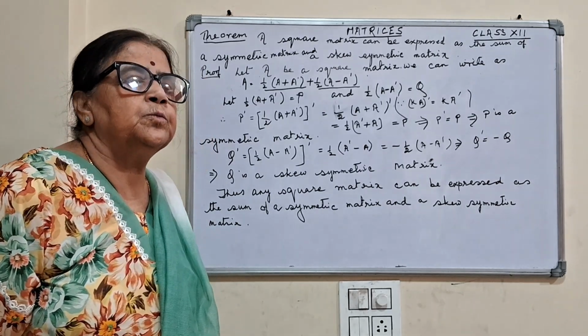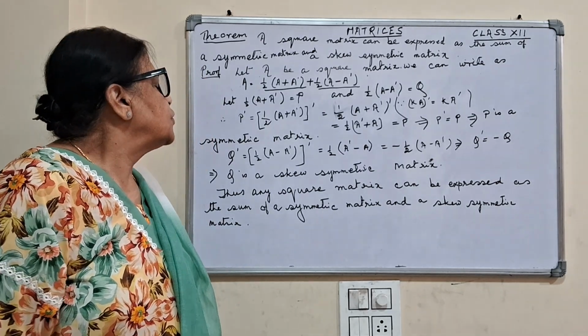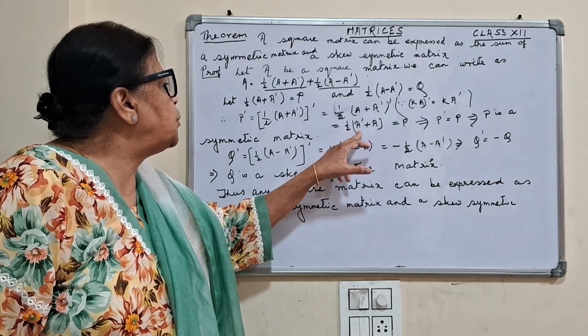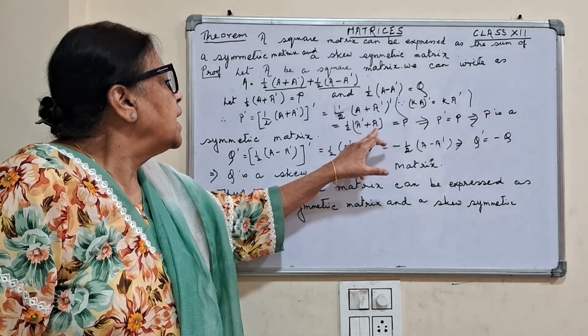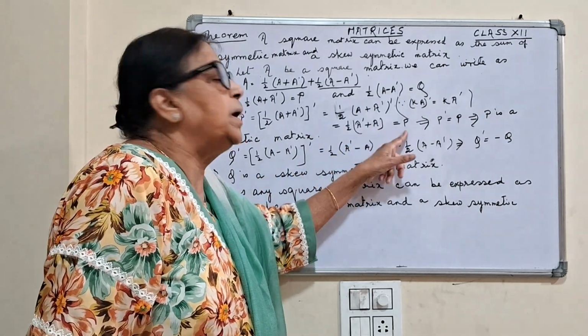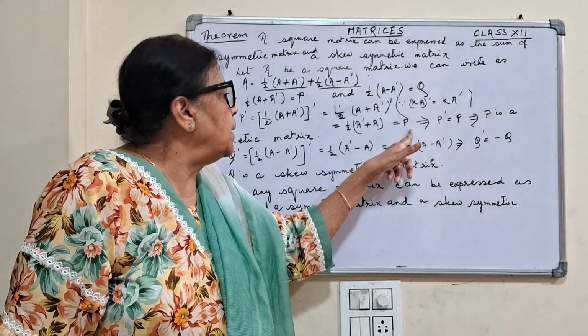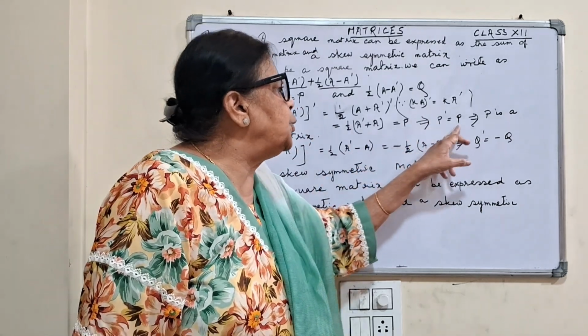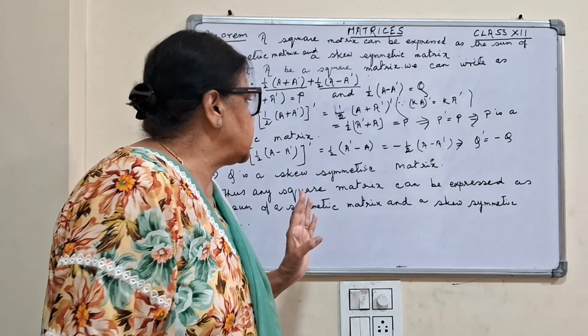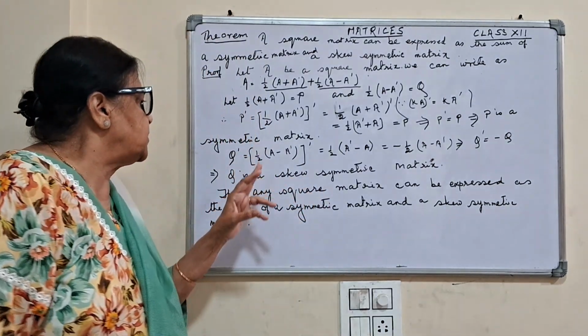K cannot be transposed because it is a scalar. So now I write half of A transpose plus A. I write it in the proper form. This is P. That is P dash is equal to P. So P is a symmetric matrix.